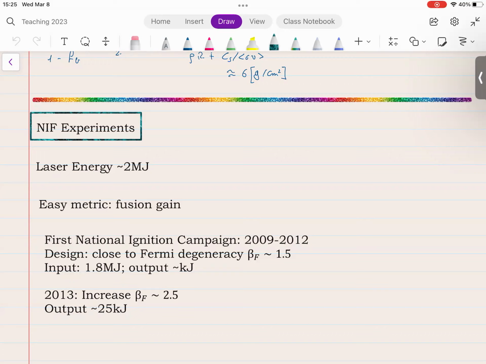And the next step was to change what we've been calling the foil, that is the ablator material.